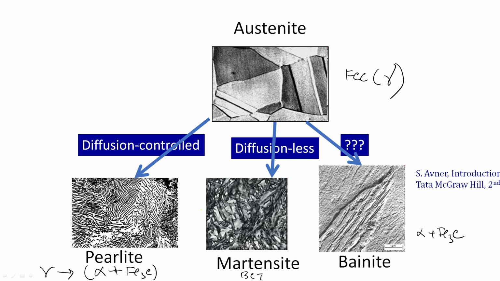Now, the rest of the thing is how you partition the carbon, whether you partition by a diffusion controlled process forming alpha iron and cementite, or you do not allow diffusion to happen, so that you form martensite, or you are in between, like an isothermal heat treatment at an intermediate temperature, let us say about 350 to 450 degrees Celsius for iron carbon phase diagrams. That is how these things can be controlled, and this can lead to different kinds of phases and microstructure, and each microstructure has different kinds of properties.